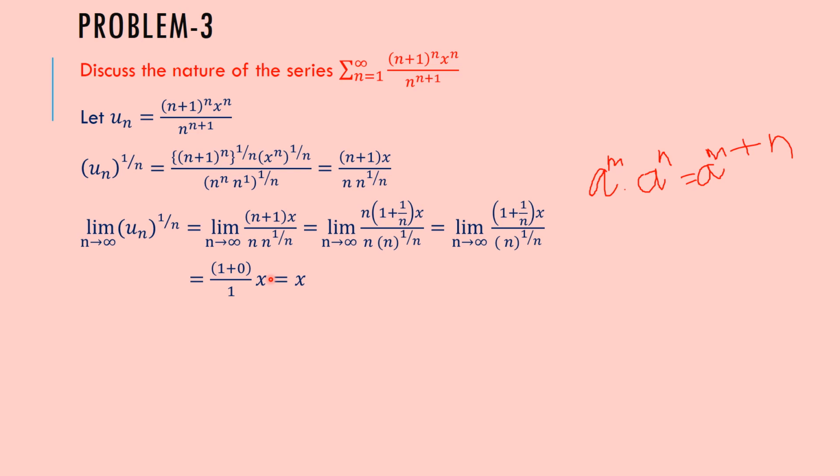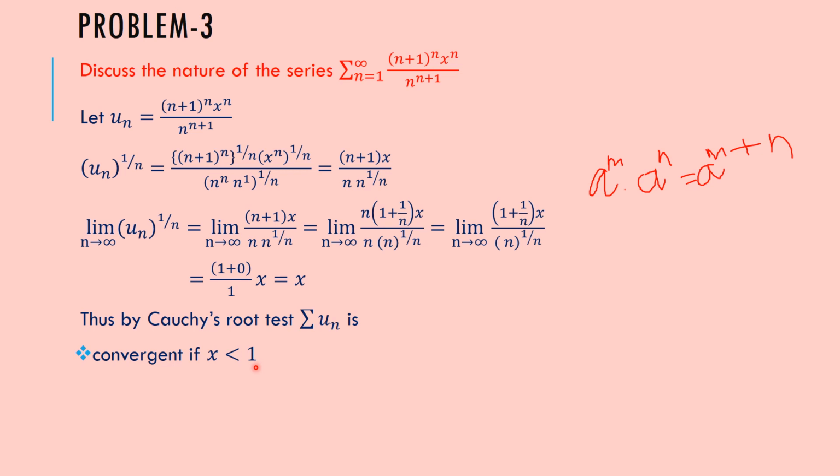So we define the character or nature of the series by looking at the character of this x. Thus by Cauchy's root test, sigma un is convergent if x is less than 1, because in Cauchy's root test, if the limit as n tends to infinity of un power 1 by n is less than 1, then it is convergent.